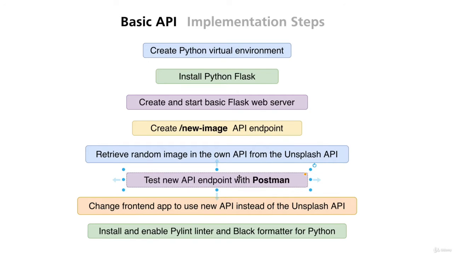After that, we changed our front-end application, and now it uses the Flask API instead of the Unsplash API. Also, after this change, we noticed that the web browser refused to accept a response from the server due to the absence of a special header in the response. This header is called Access-Control-Allow-Origin.